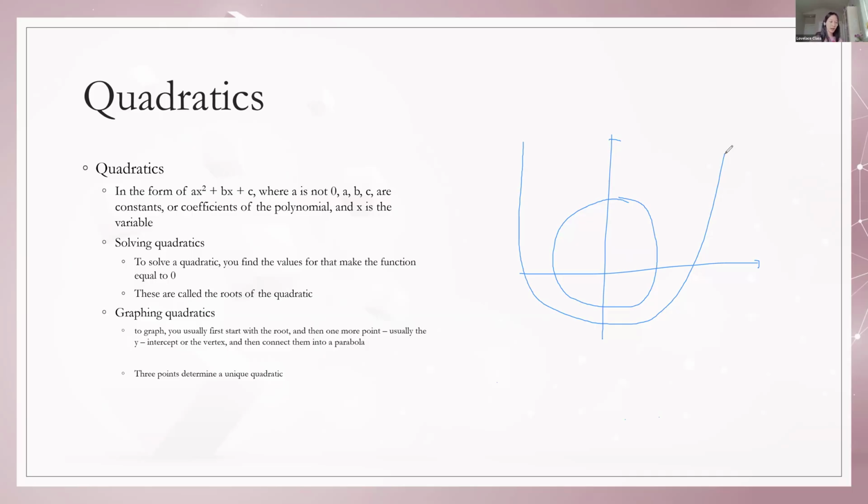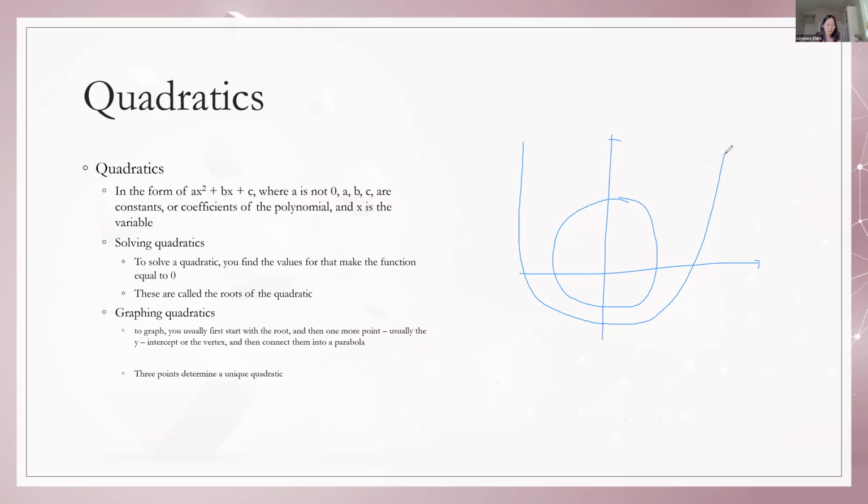But if you have a cone and then you cut a slant, that's like a parabola. Wait, is that a parabola? That might be a hyperbola. Okay, wait, if you do the slant, that's an ellipse.